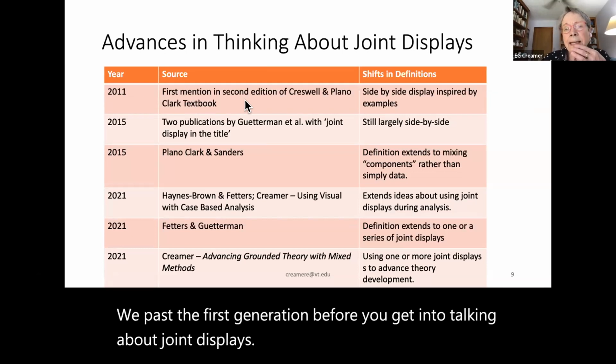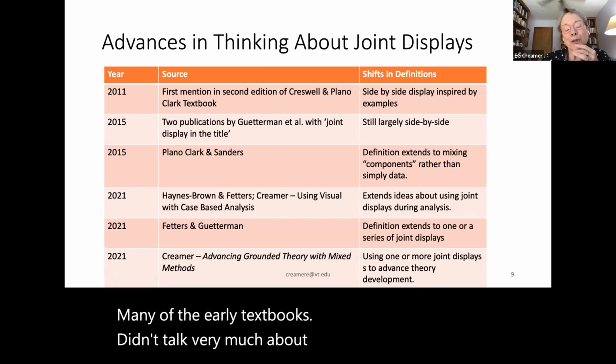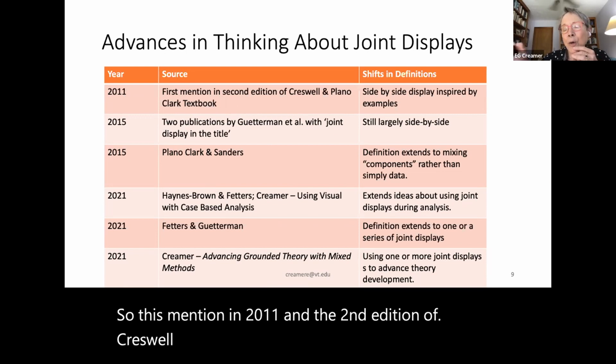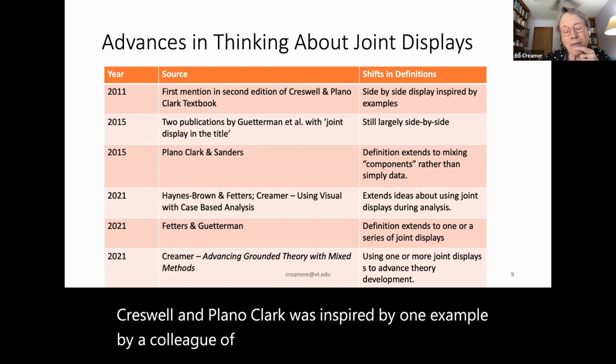Many of the early textbooks didn't talk very much about integration and how to do it. So this mention in 2011 in the second edition of Creswell and Plano Clark was inspired by one example by a colleague of theirs in the medical profession, Wintick, Gallo, and Barge.